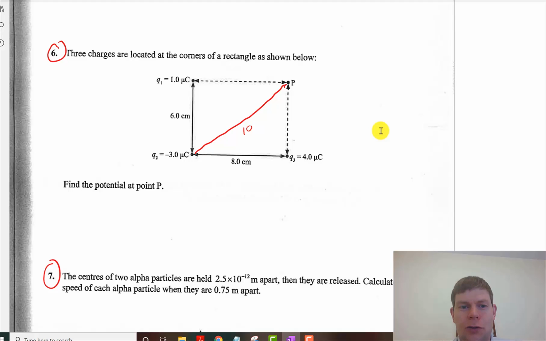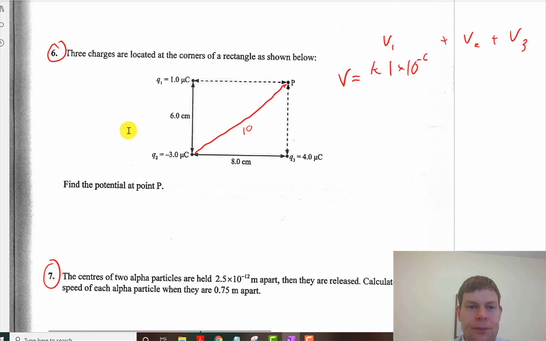Anyway, so if we want to find our total voltage at this point, our total electric potential, it's just K times 1 times 10 to the minus 6. This is our Q1 term. We'll call it V1 plus V2 plus V3. V1 being the electric potential due to Q1, V2 being the electric potential due to Q2, and V3 being the electric potential due to Q3.